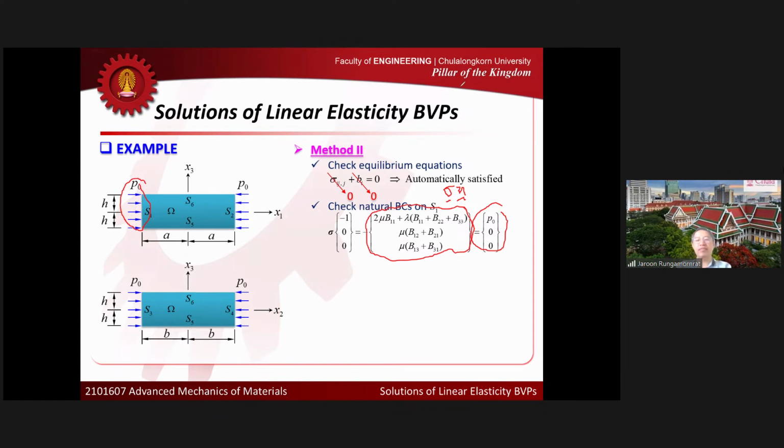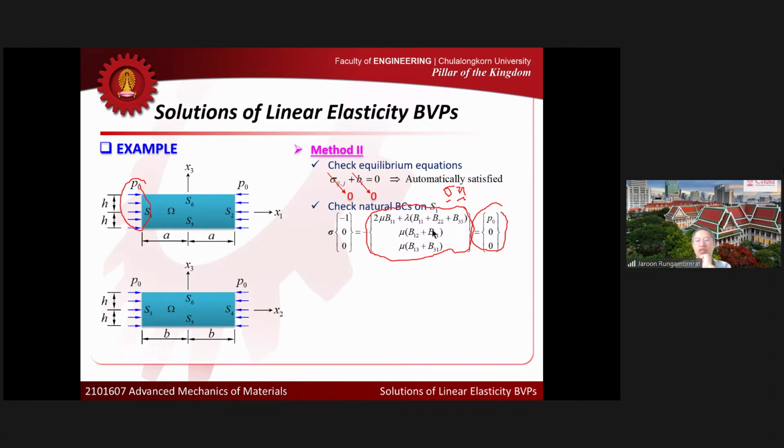Okay. Based on this condition, what can we conclude? The first component, the whole thing that we got here, should be P0, right?